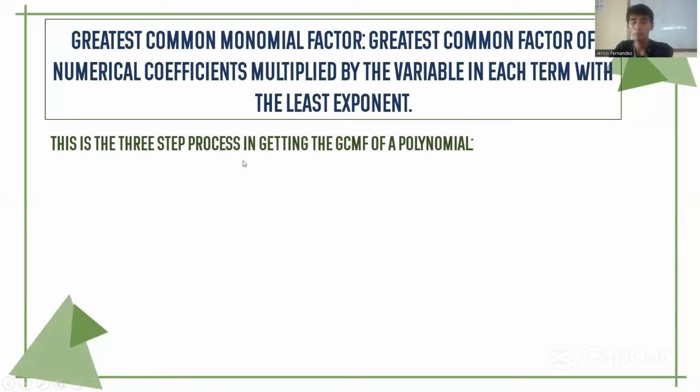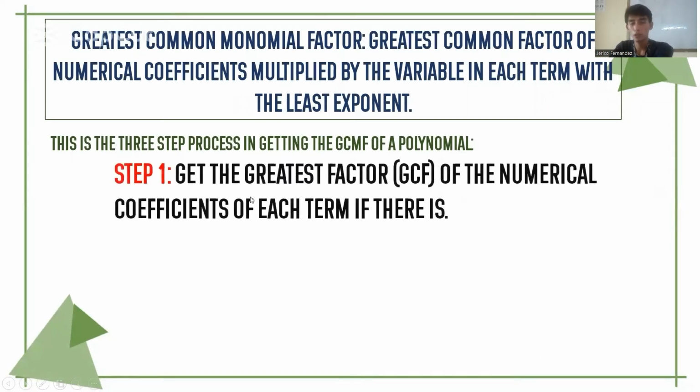This is the three-step process in getting the GCMF of a polynomial. First one, get the greatest common factor of the numerical coefficients of each term if there is. Kung meron, GCF ang kada term, kada numerical value or number ng kada term, kukuhanin muna natin yun.